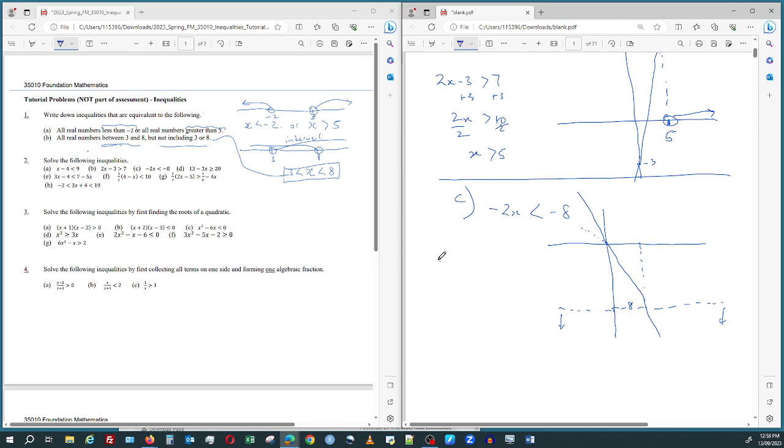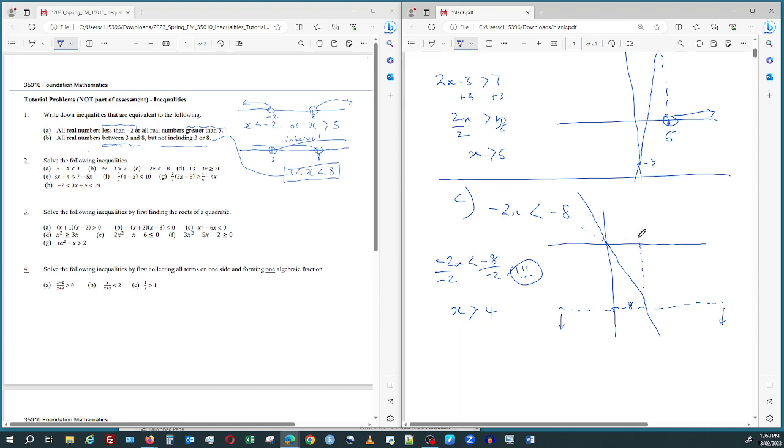Okay, so if we go ahead and solve this, dividing by -2, ring the bell. Right, what does that mean? It means that x is minus over minus is a plus, so it's 4. But what do we have to do? We have to reverse the inequality. So x is greater than 4.